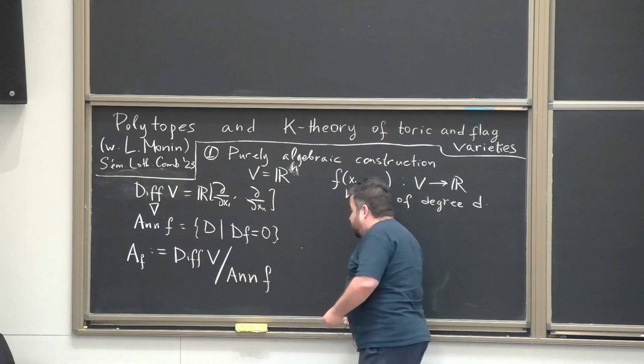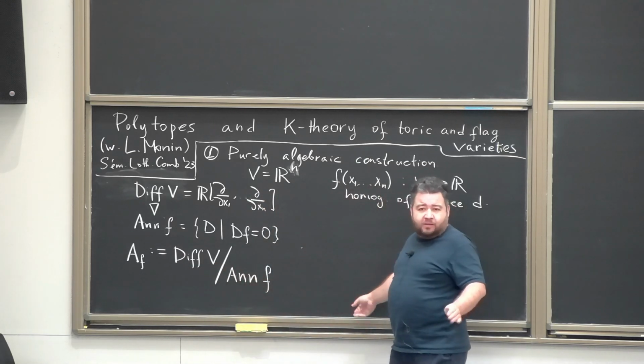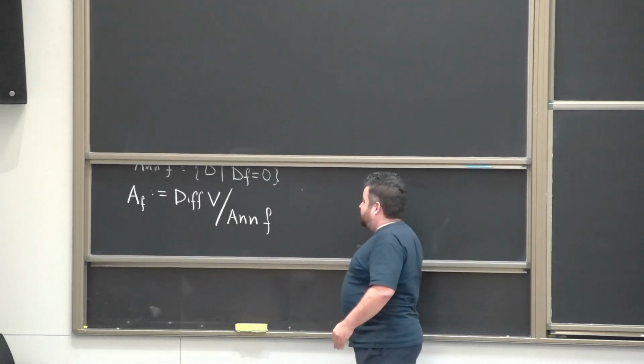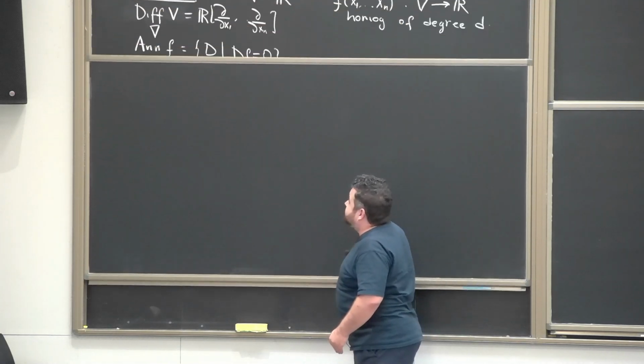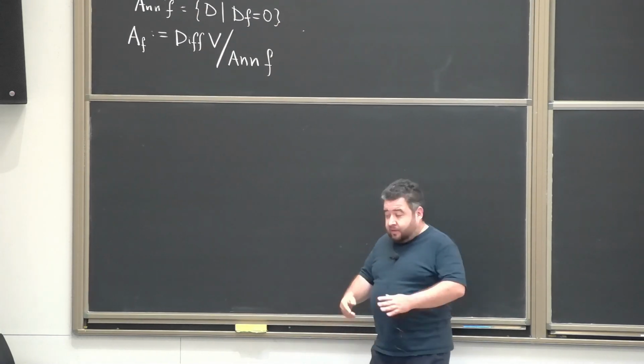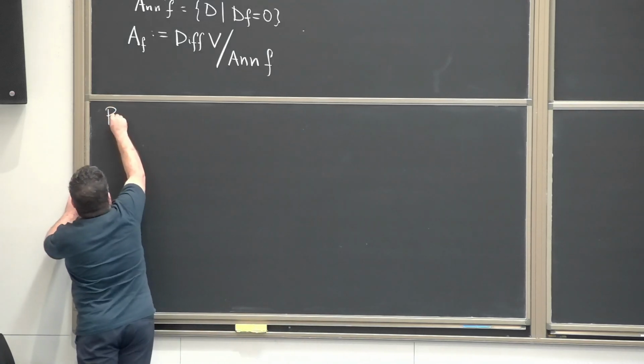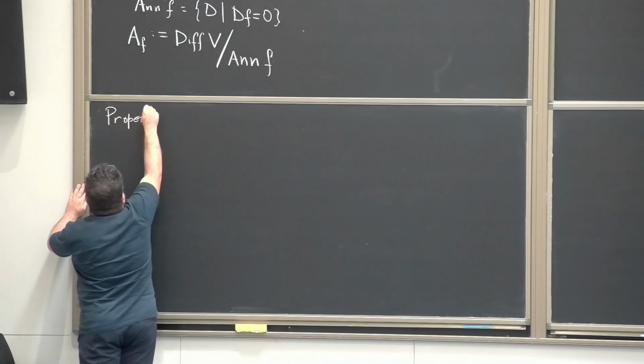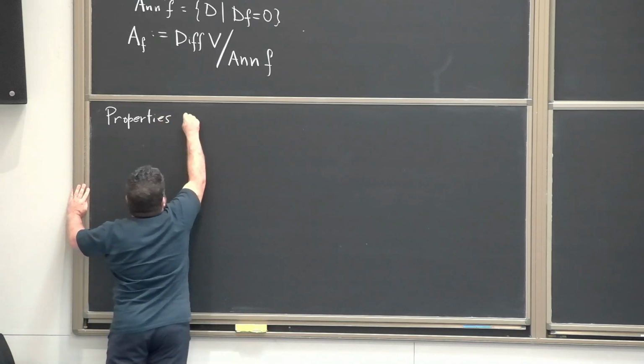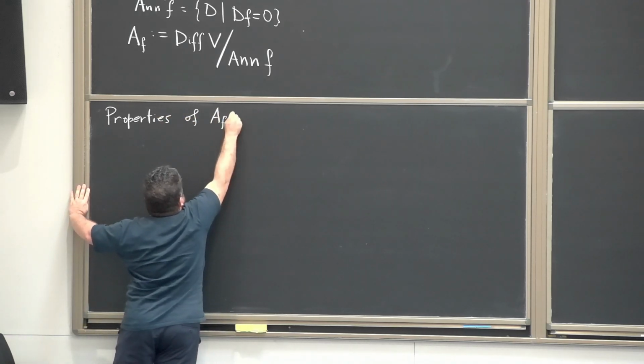Is this clear so far? Okay, so this ring has some nice properties. Here are some of them. Properties of A_f.